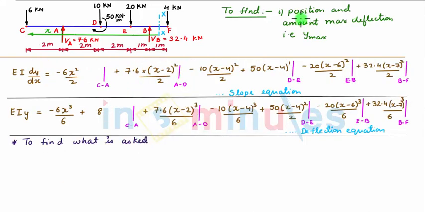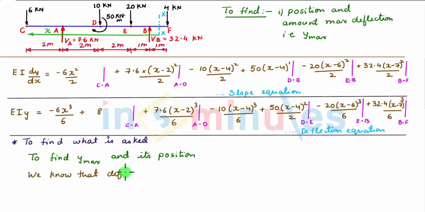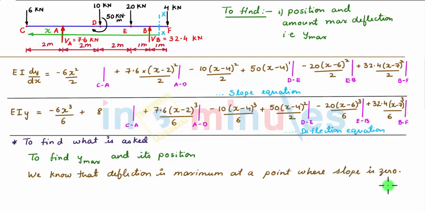In this problem we have been asked to find out the position and the magnitude of maximum deflection. So to find out y max and its position, we know that deflection is maximum at a point where slope is 0. First, we determine the slopes at various salient points.